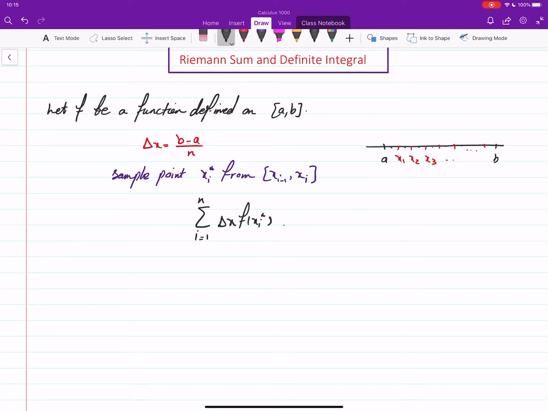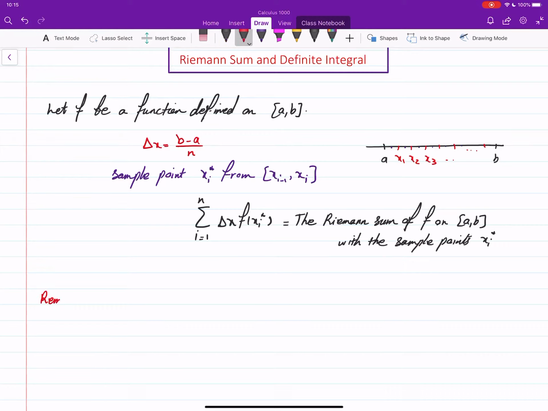This is called the Riemann sum of f on the interval a, b, with the sample points xi stars. As you can see, if I change the sample points, we will get different values for this Riemann sum.